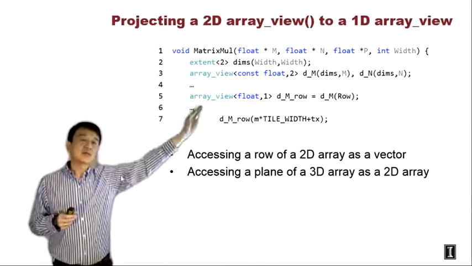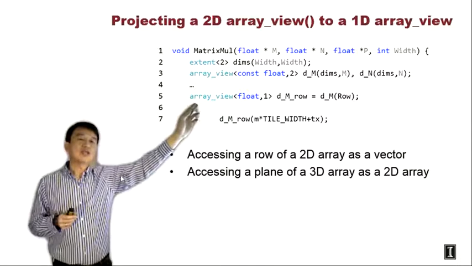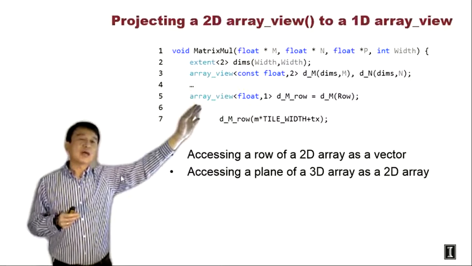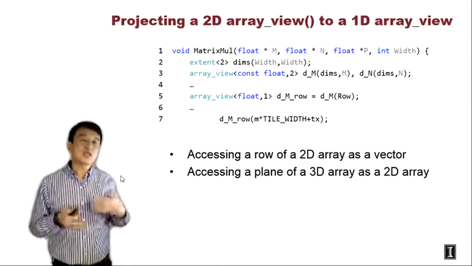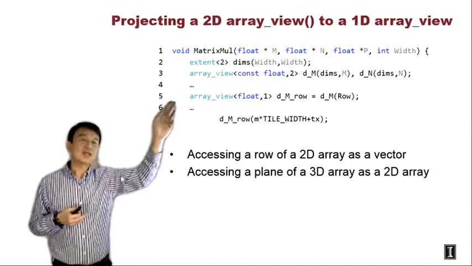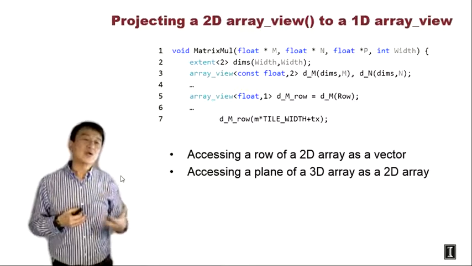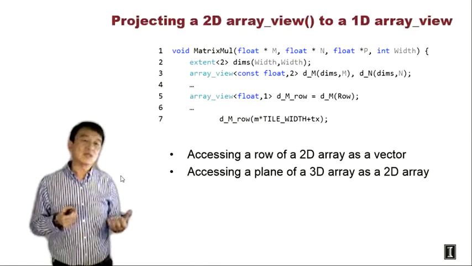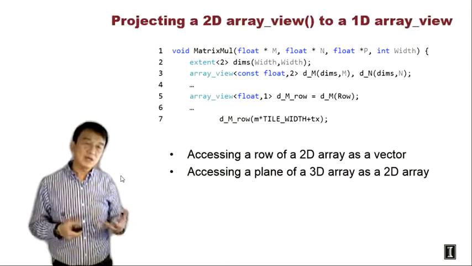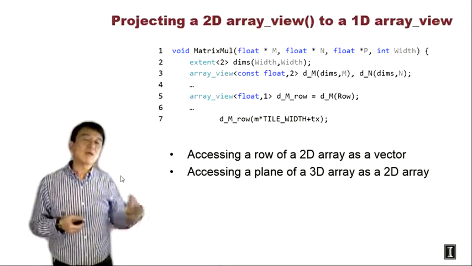And so then we can just initialize this array view by assigning d_m_row. And this row needs to be generated, so we have dot, dot, dot here. But if you go back to the matrix multiplication, you will see that we can generate the row according to the variables. So we can just use whatever you have there to generate that variable before you use it.